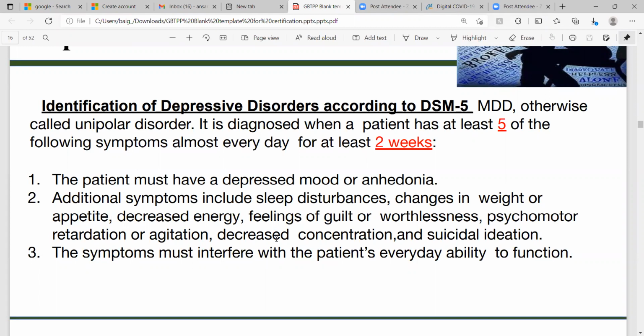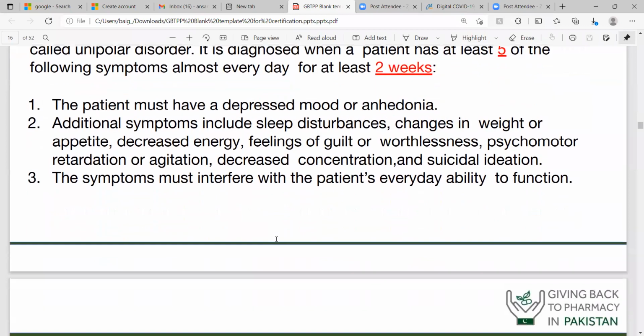The causes of depression are poorly understood, but involve some combination of genetic, biologic, and environmental factors, and neurotransmitters believed to be involved in depression, such as serotonin (5-HT), glutamate, acetylcholine, dopamine, and norepinephrine. If a patient has at least 5 of these symptoms almost every day for at least 2 weeks, patients are identified as having depression.